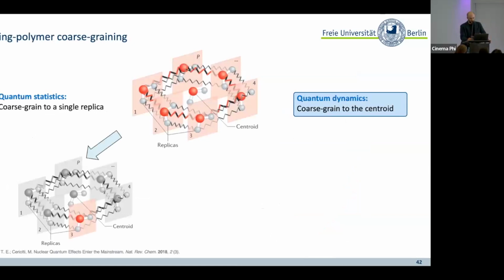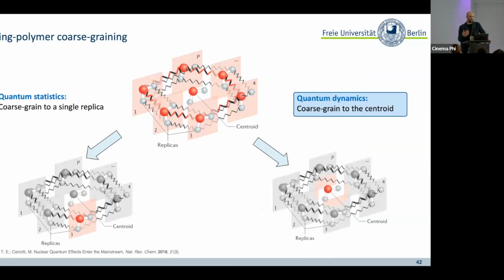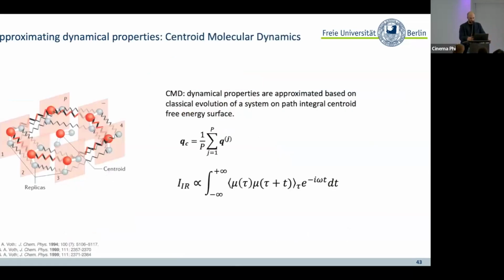In the case of quantum dynamics prediction, here we need to coarse-grain the system to the centroid of the ring polymer. This is because from the theory, we know that in order to recover properties such as the infrared spectrum, we need to look at the centroid evolution. So we need to compute the correlation function of the centroid distribution.